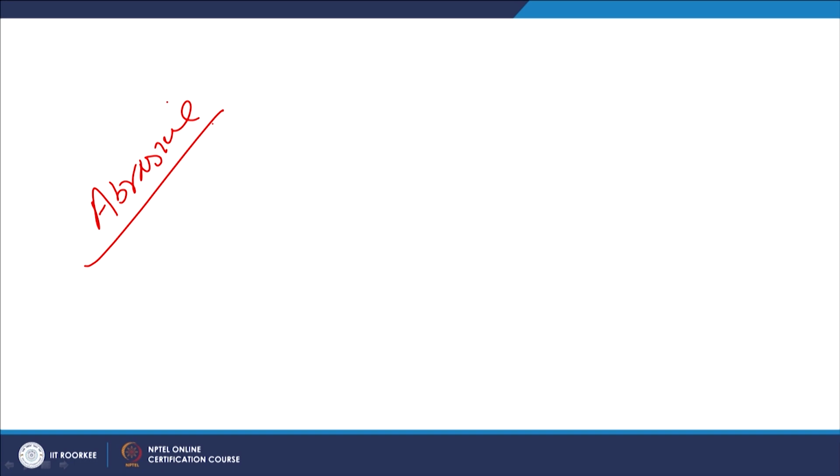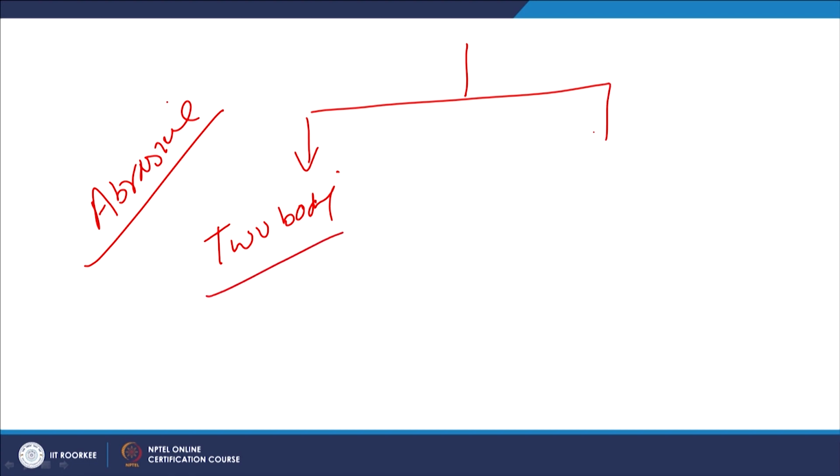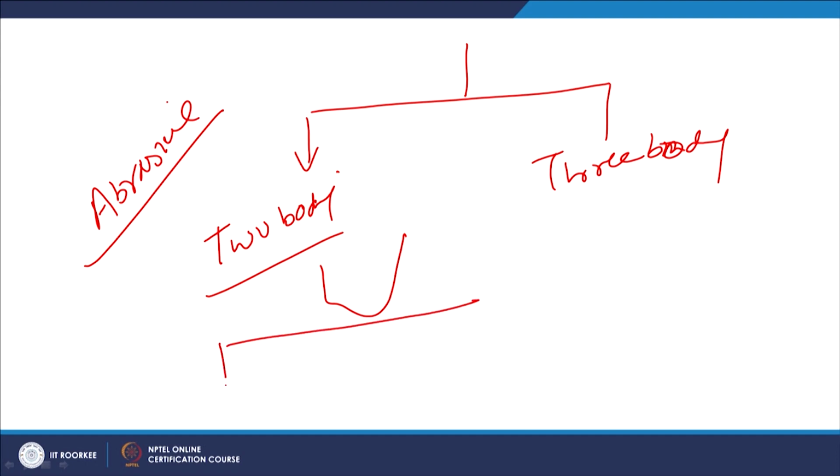There can be two types of abrasive wear behavior, means two types of abrasion. One is two body abrasion, and second is three body abrasion. In case of two body abrasion, this particle is being rubbed over the surface of another component. So, this is basically one component which is being abraded by another hard particle.